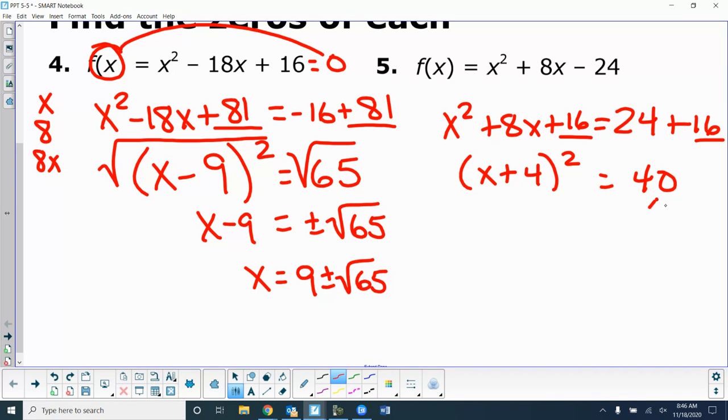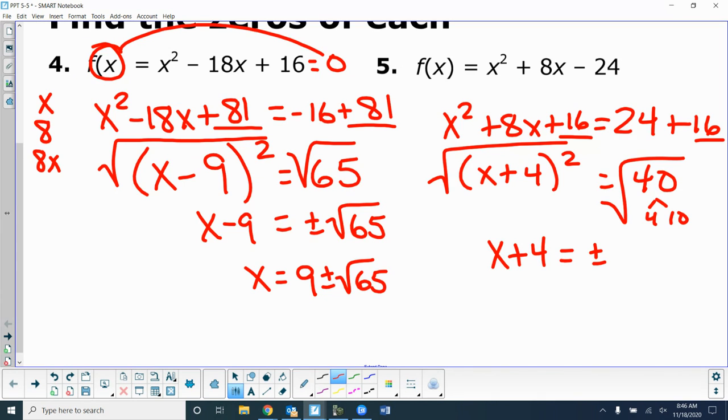So when I take the square root, I get x plus 4 equals plus or minus what? What can I pull out? 2, right? Come on, keep up. You guys can do this. And then subtract the 4. Okay? So that's using completing the square to find the zeros, to solve the quadratic function.